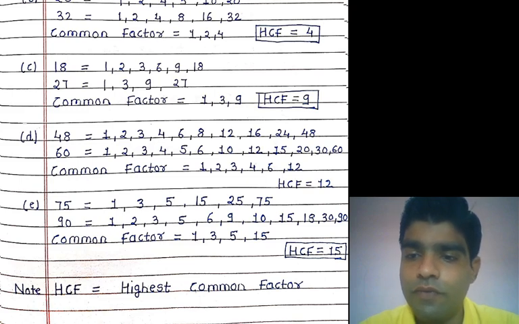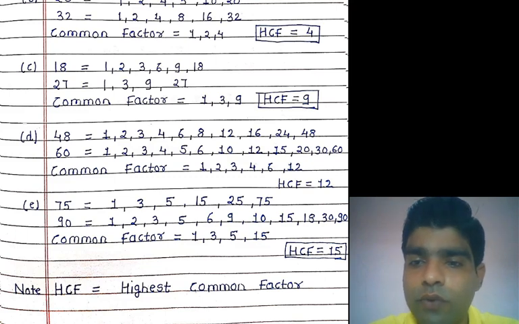Then next step, we have to find the common factors of both numbers. It means that we have to find the common factors of 75 and 90. We have to choose 1, 3, 5 and 15. This is our common factors of both the pair of numbers, 75 and 90.